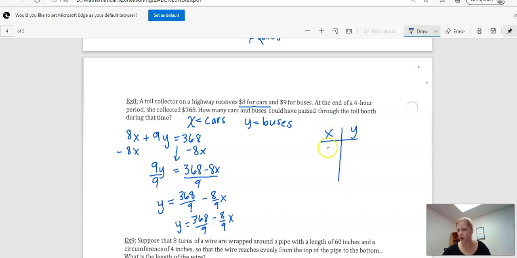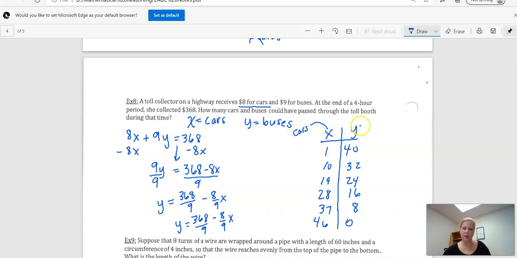This was X and this was Y. We came up with 1 and 40, 10 and 32, 19 and 24, 28 and 16, 37 and 8, 46 and 0. So these are all the combinations. Remember, we said X is cars and Y is the number of buses.